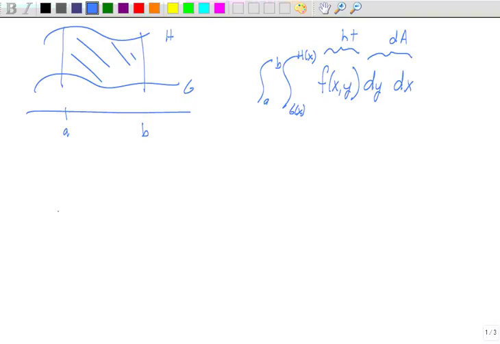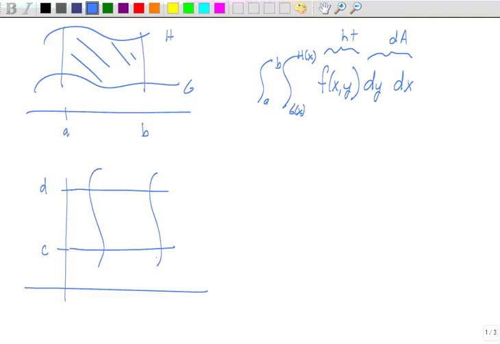And in another case, it could be from c to d is how you go, and our functions go like this, j, k. So we would integrate c to d, j to k, f of x, y, dx.